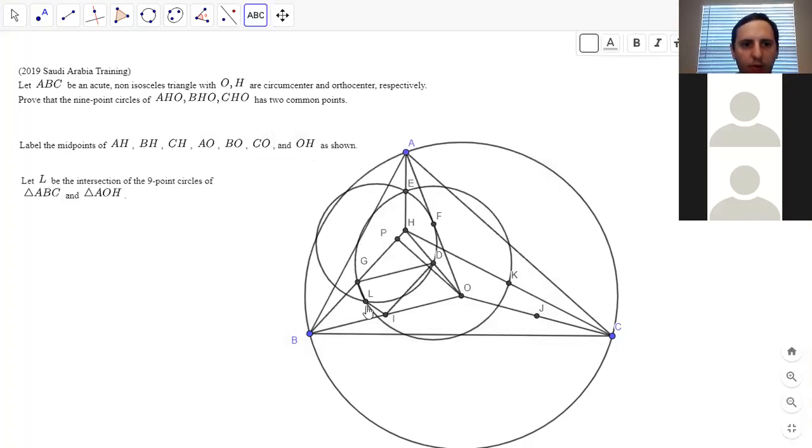And then we want to show that L is actually also on the 9-point circle of BOH and COH.